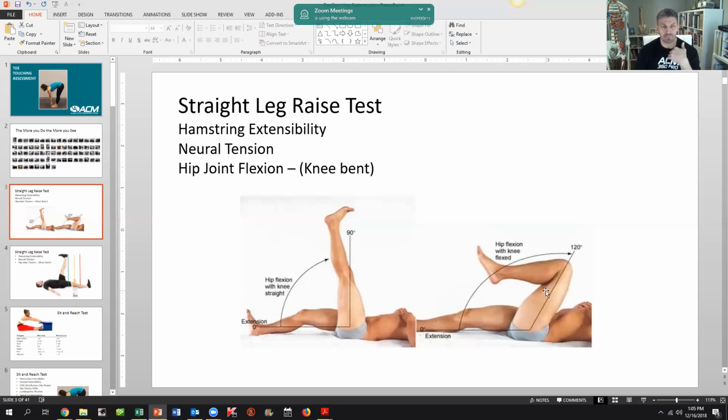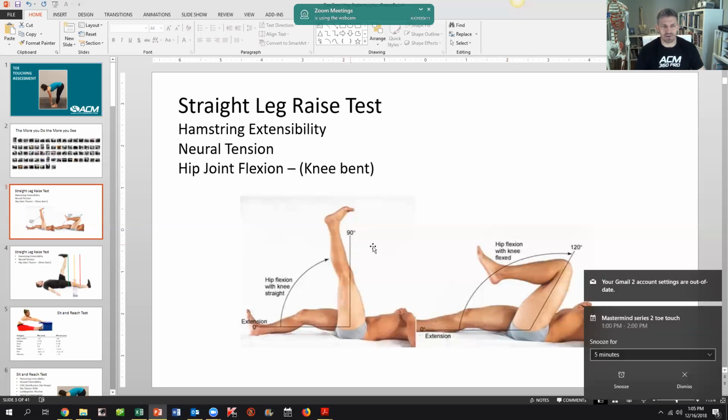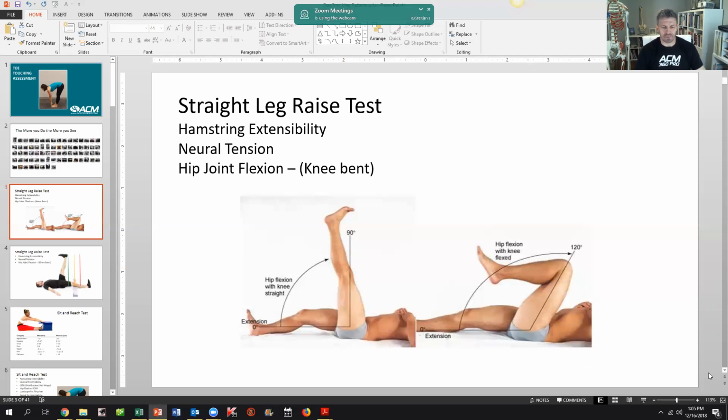But when you bend the knee, we're taking that hamstring essentially out of the equation, and now we're truly looking at hip joint flexibility, or flexion in that hip joint. This is why with a straight leg raise, the acceptable range is about 90 degrees, and the acceptable range for a knee bent hip flexion movement is 120 degrees.